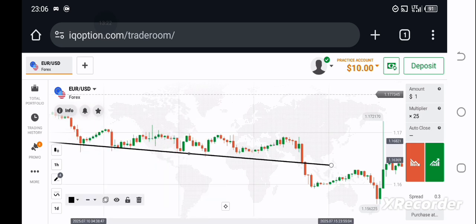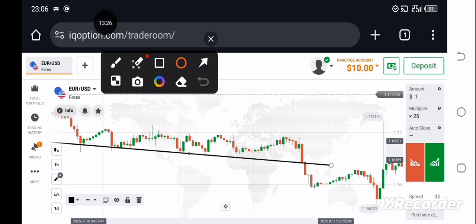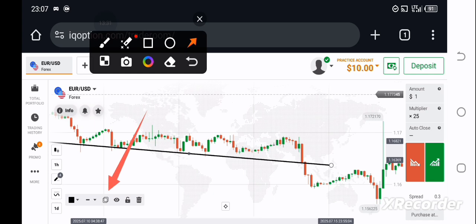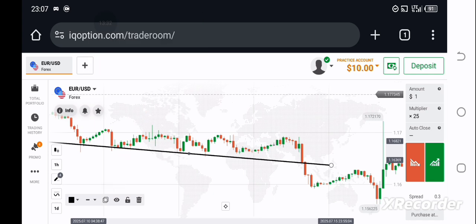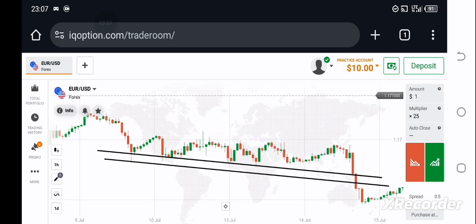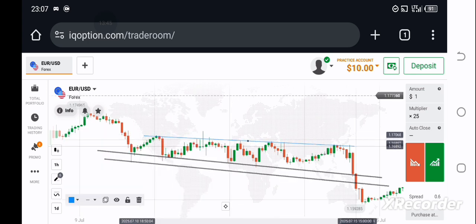You can clone it. You can click on this particular sign that looks like a copy sign. On your computer it looks like copy. By the time you click it, you have cloned it. So this is the complete area of support, or the trend line. Then let's see if we can connect the top also.